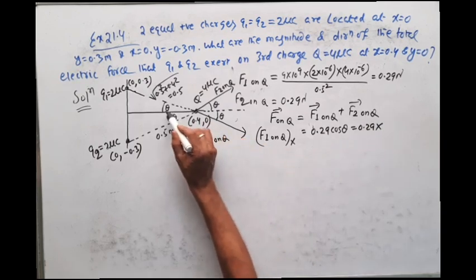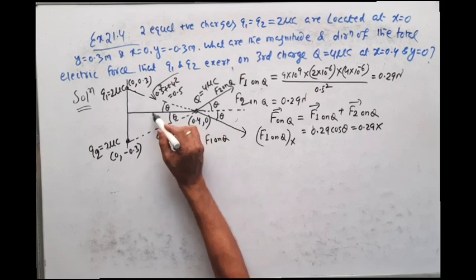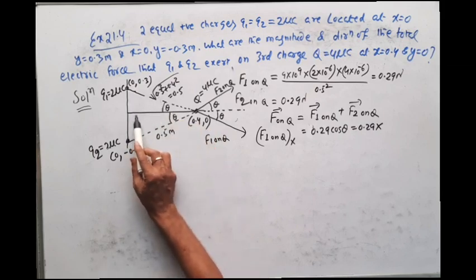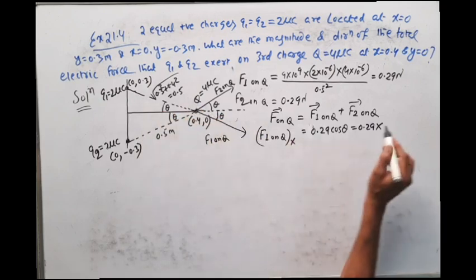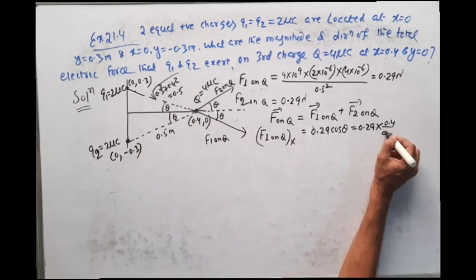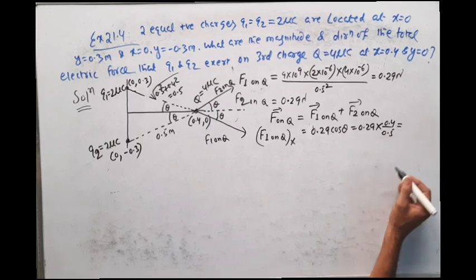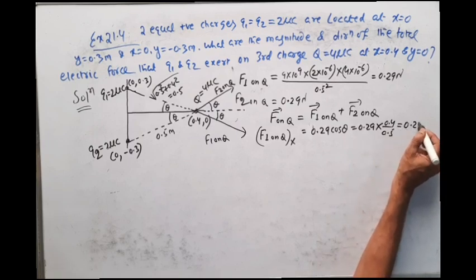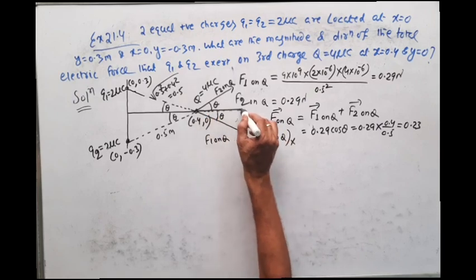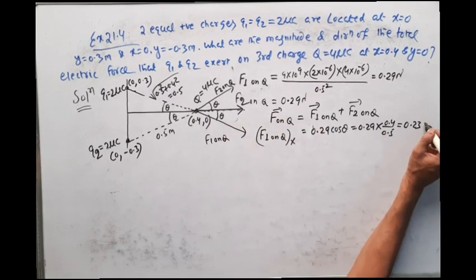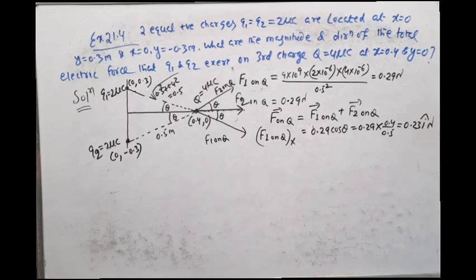If this is theta, cos theta is base by hypotenuse. What is base here? Base is 0.4. What is hypotenuse? 0.5. So 0.4 by 0.5. If you calculate, it will give 0.23. And what is the direction of this x component? Direction of this x component is towards right. So I am writing here i cap, and unit is nothing but Newton.